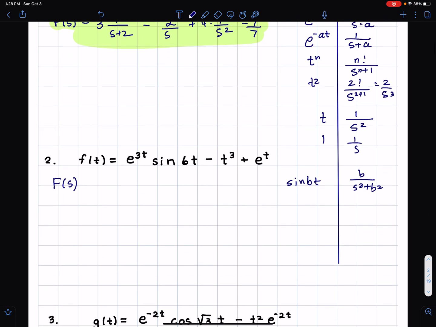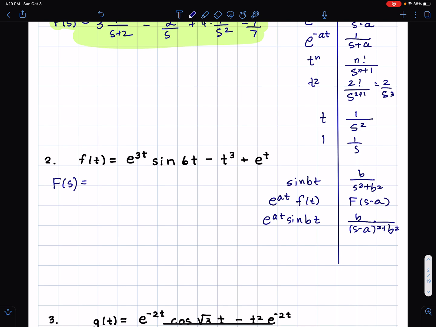But if you have e to the at times a function f of t and then find the Laplace transform, this becomes F of s minus a. Therefore, e to the at sine bt is b over s minus a squared plus b squared. So we replace s in the sine bt formula by s minus a, and that's because we multiply by e to the at.